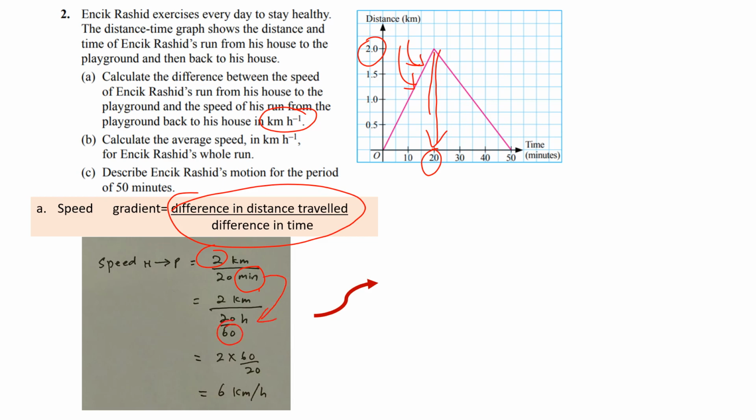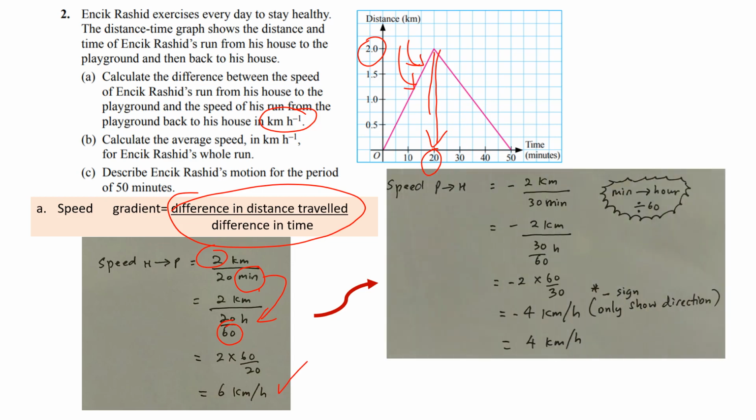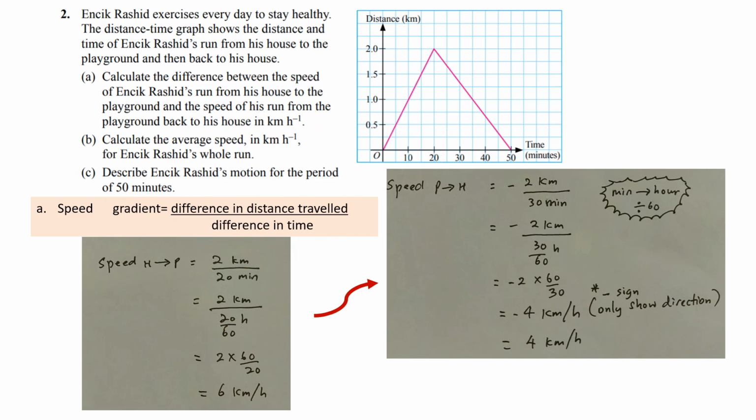You divide by 60. So you will get this one. Next, the speed from the playground back to the house.